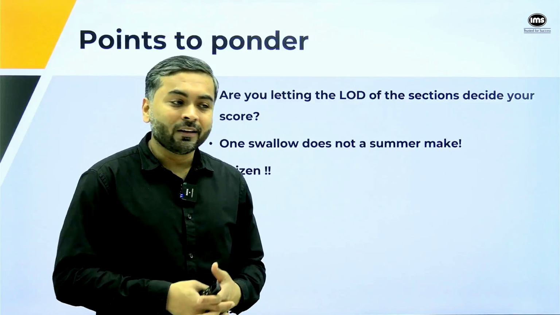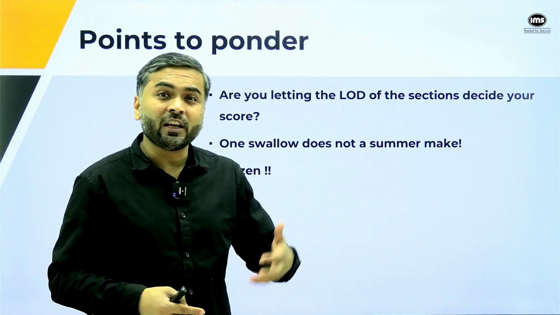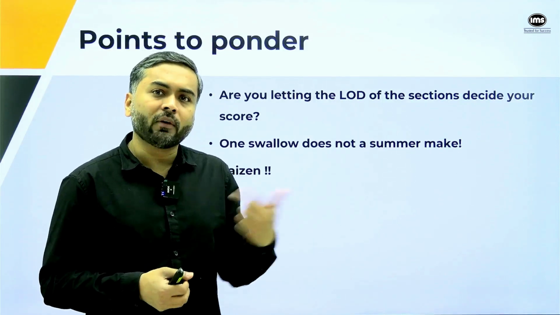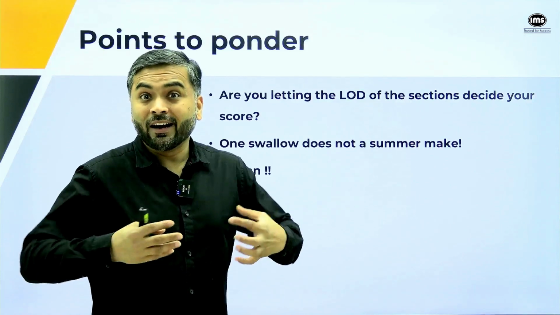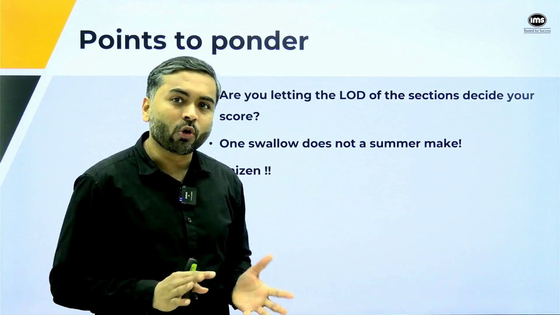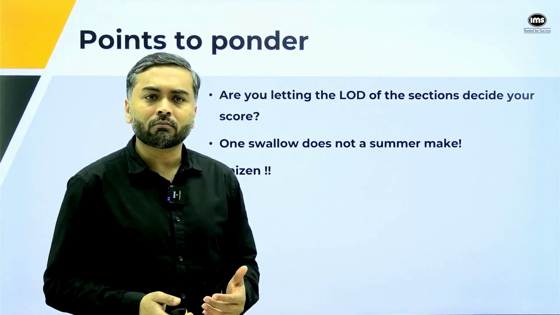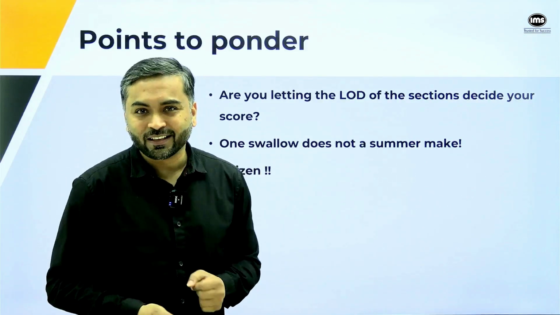If you are scoring 310, 320 in IPMAT Rohtak, why can't you aim at scoring 350 and 380 and 400 in Rohtak, right? So there's always scope for improvement, and you should not get relaxed, thinking I am able to score, so let me relax, I'll be able to clear my cutoff. Never ever do that. Why can't you aim at getting AIR rank 1? That should be your whole objective, right?